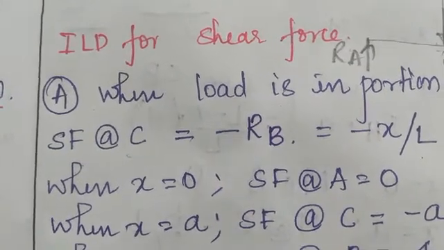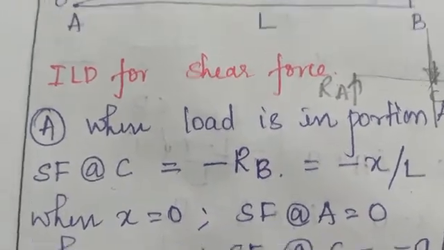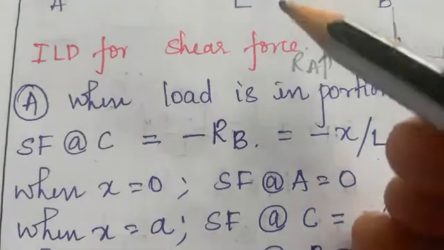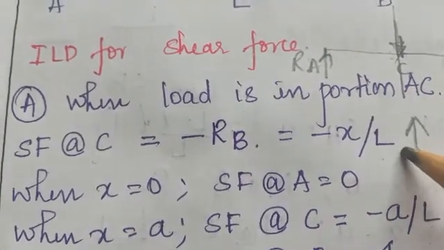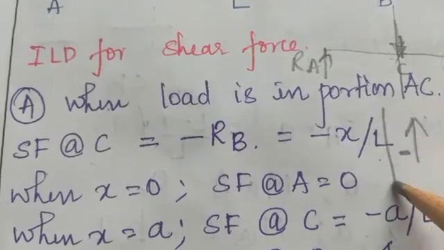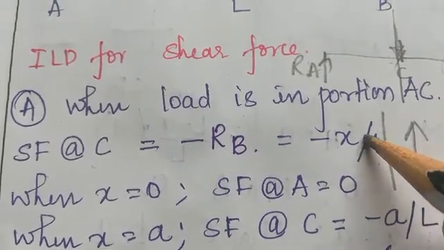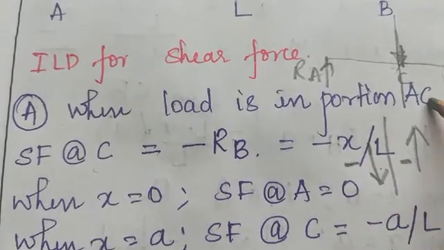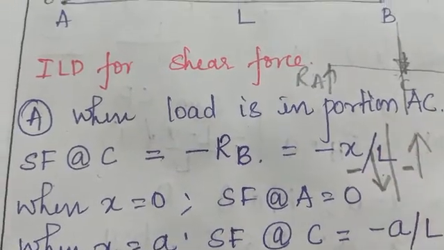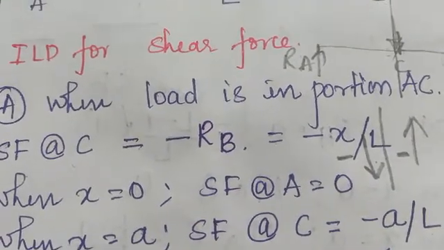Why the negative sign? The sign conventions we follow are: right side upwards is negative, left side downwards is negative.